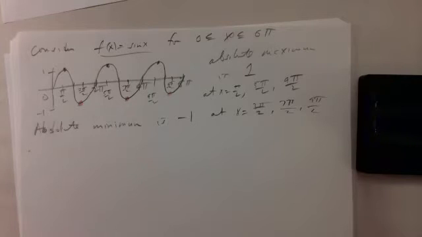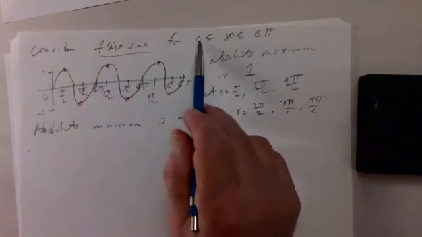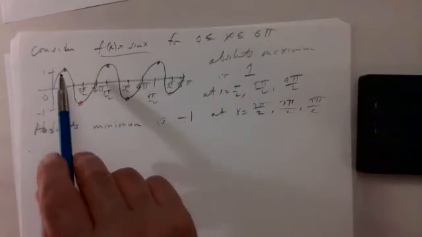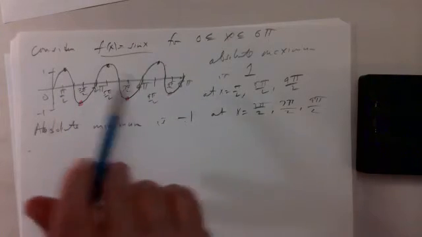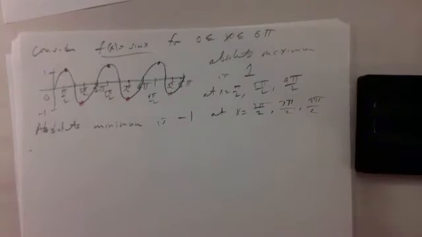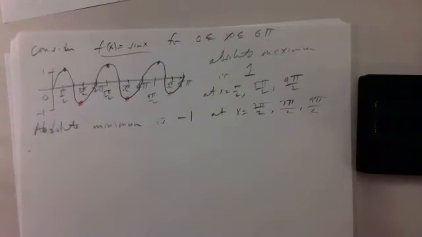So in this instance, if we take the interval to be from 0 to 6 pi, the absolute maximum occurs 3 times, the absolute minimum occurs also 3 times. Okay. Any questions about this?